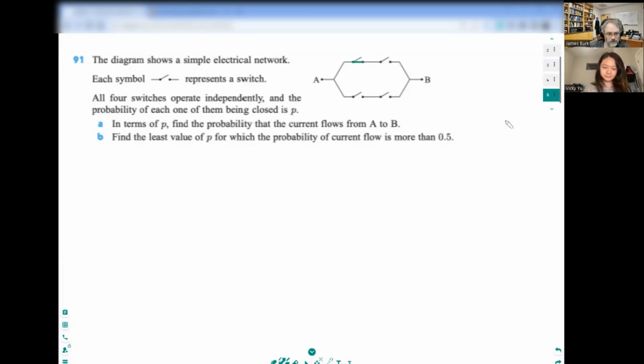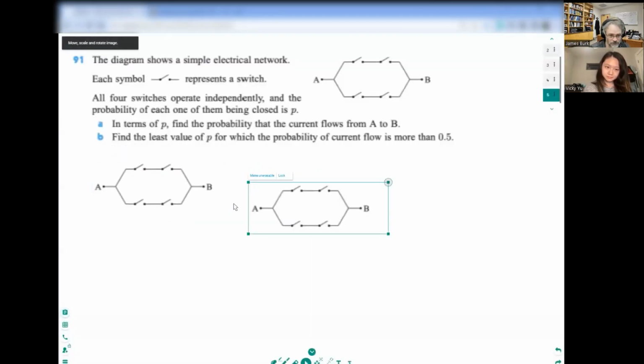I need them closed. I need to create that circuit. Now, in order to go from A to B, let's take a look and see what we need to happen. So here's what I can do. I can look at different possibilities here, different scenarios.